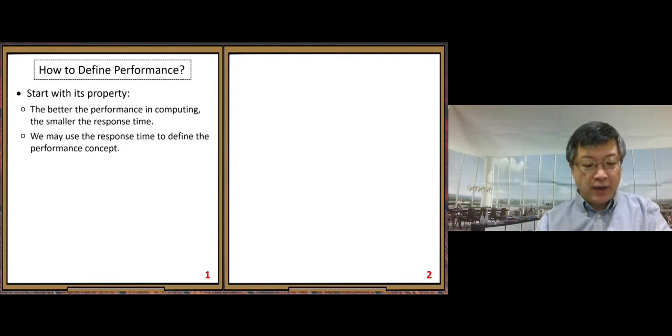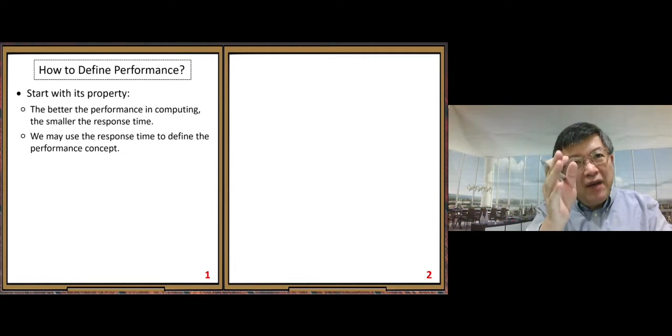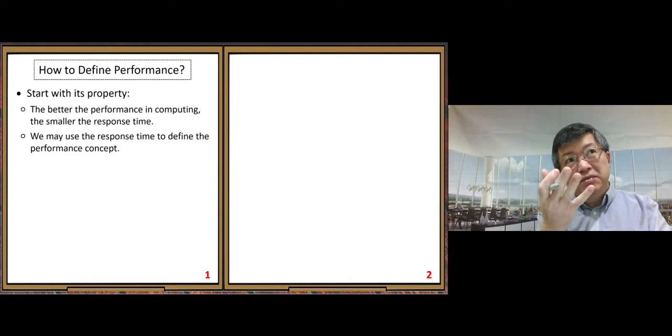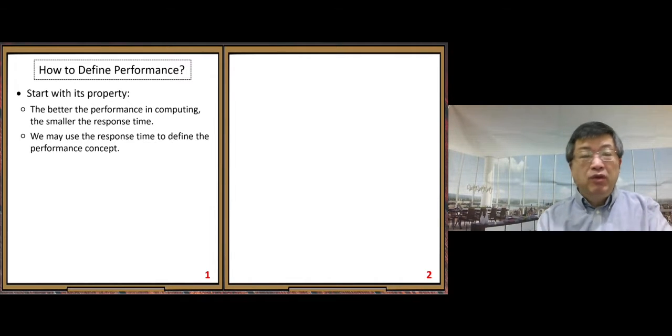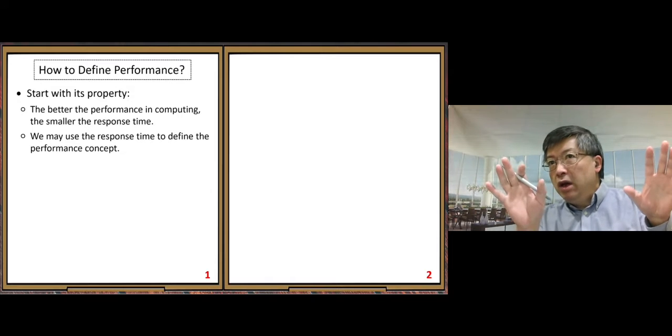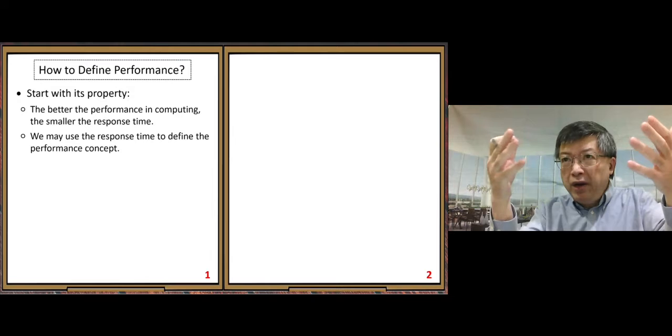The second one: we may use the response time to define the performance concept, because response time is a simple measure we can use directly. But for performance, at this point, there is no natural, simple, direct measure.